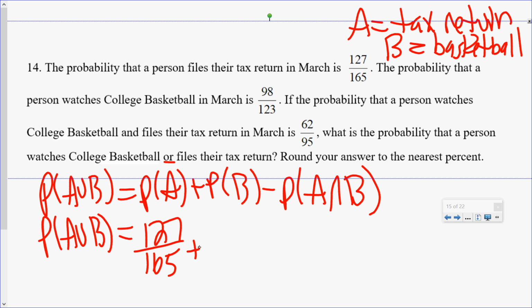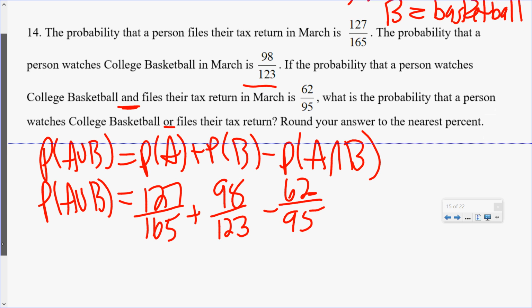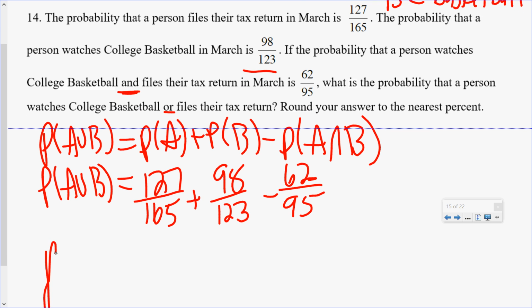P of B is basketball. That's 98 over 123. And P of A and B would be both their tax return and their college basketball. That's 62 over 95. For those of you who are afraid of fractions, well, it's a good thing you have a calculator. If you're afraid of fractions and you don't have a calculator for some reason, well, that's a pretty poor choice.